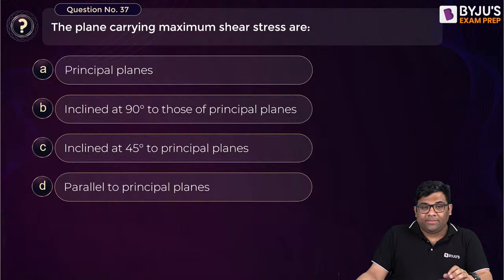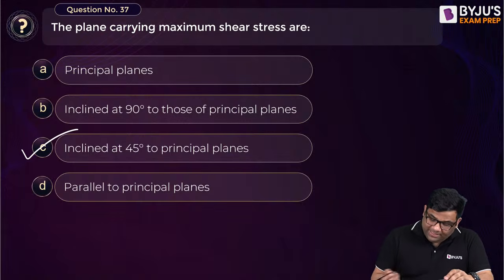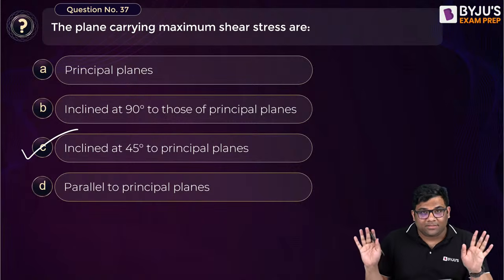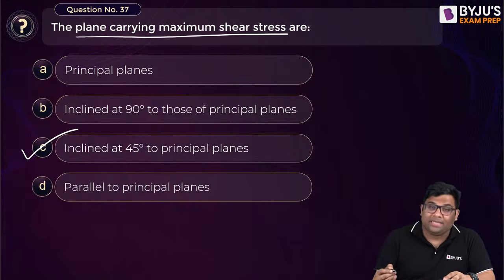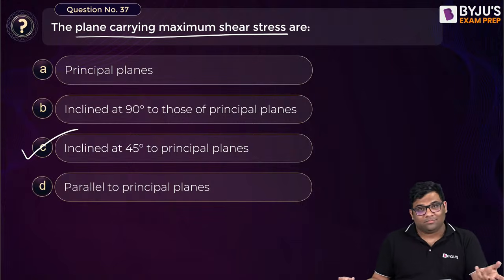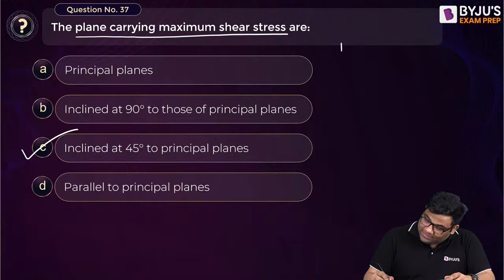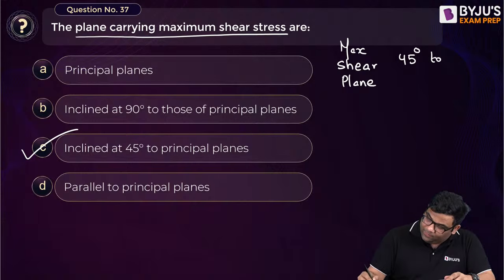It is 45-degree inclined to the principal planes. Yes, the maximum shear planes are 45-degree inclined to this. Straightforward. So I can say the maximum shear plane is 45-degree to your principal planes.